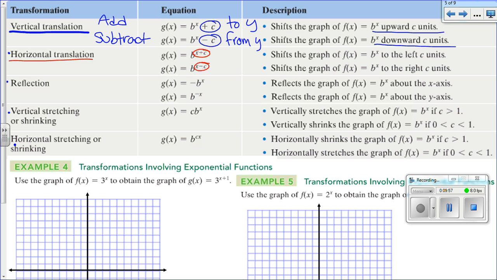If you see a plus c, and we're assuming here that c is a positive number, the graph is actually moving to the left. And if you see a minus c, the graph is moving to the right. Remember, it is counterintuitive. So in this case, you subtract, and for minus c, you add. And you do that to the x.